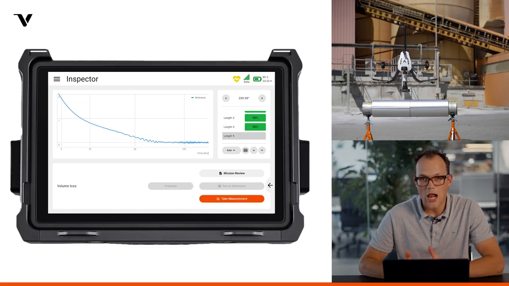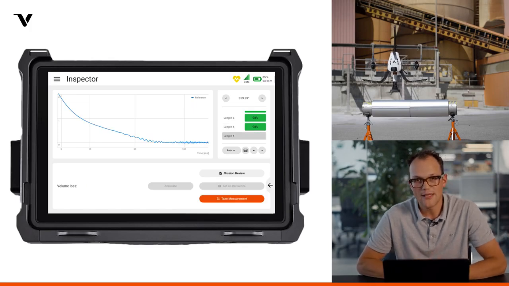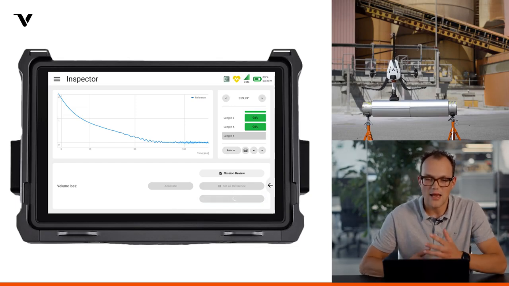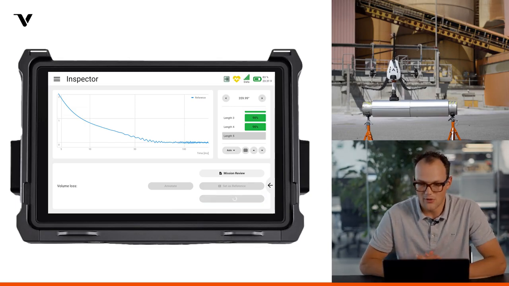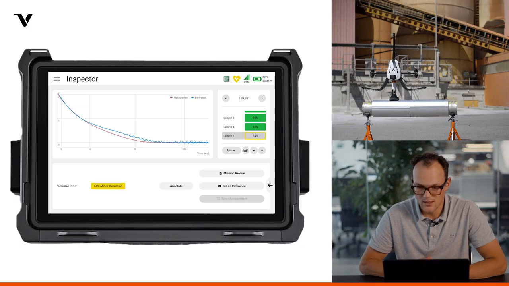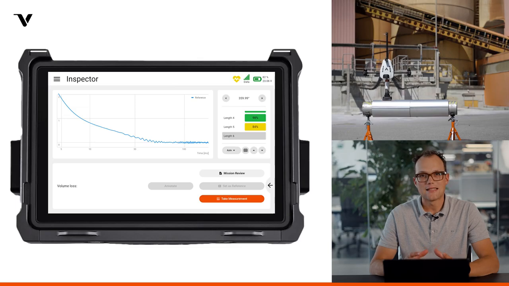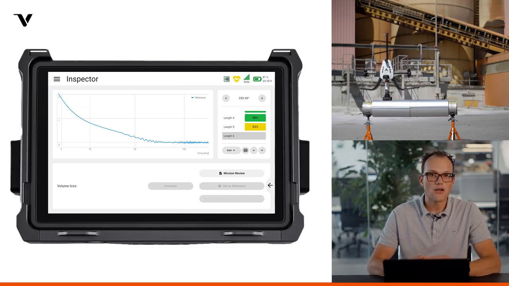Joao is going to move along the pipe now, taking multiple readings, and once we come to the left side of the pipe, we expect to get some measurements around 80–75%. Important also to understand is that the pulse eddy current is taking an average over a certain area. This area is called the footprint, and that also varies with the insulation thickness.